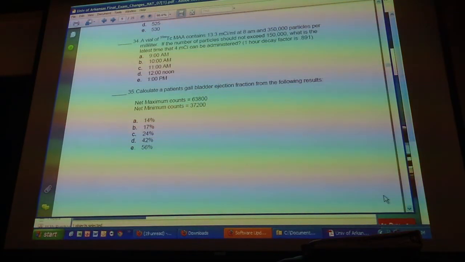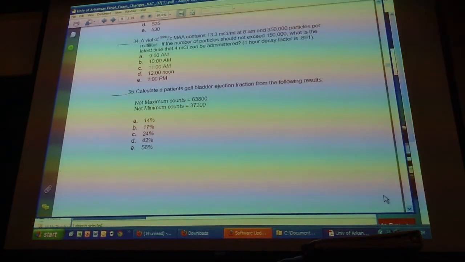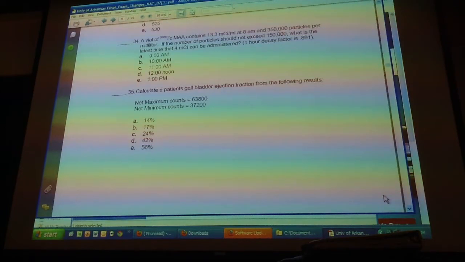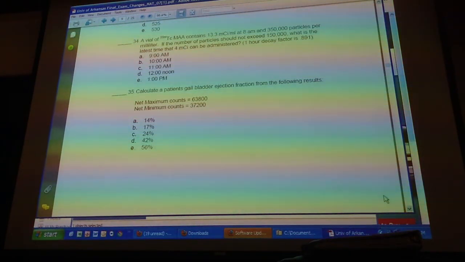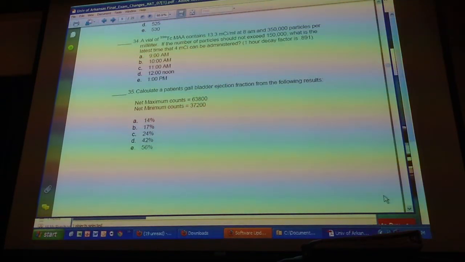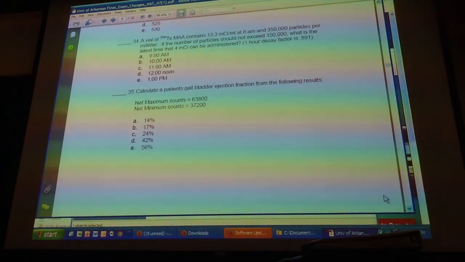But you have to be real careful. Some people would just take the 37,200 divided by 63,800. You might get close, but it's not going to be the right answer. If you did it that way, you'd notice that there's an answer choice for it. So please keep that in mind.